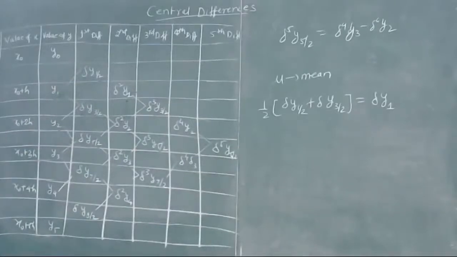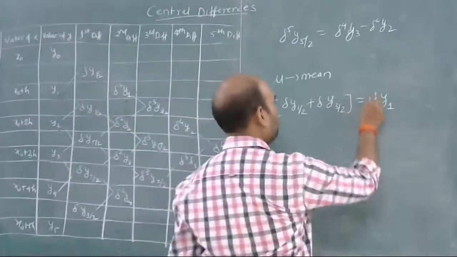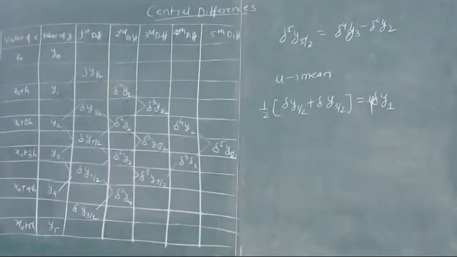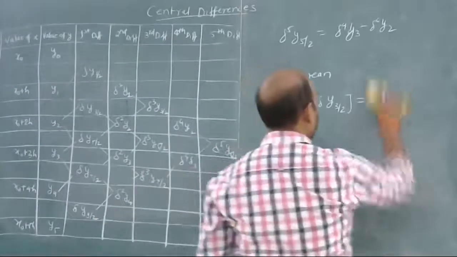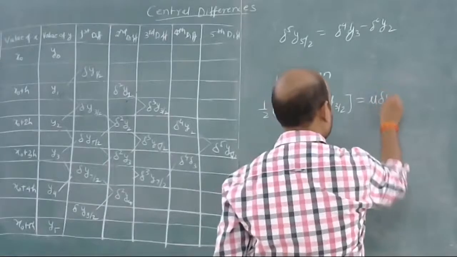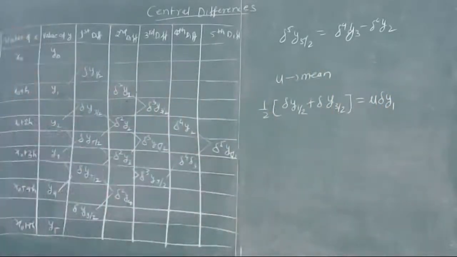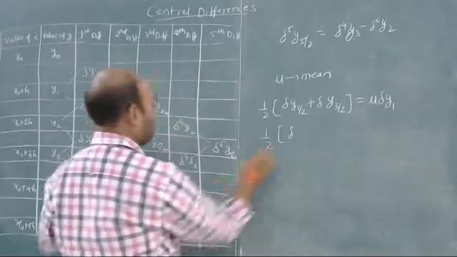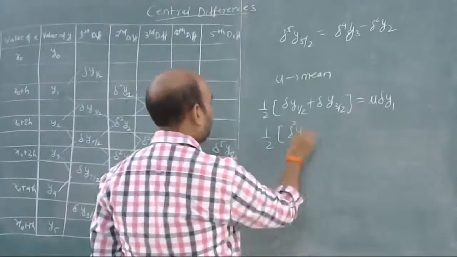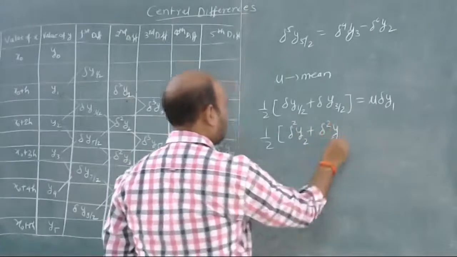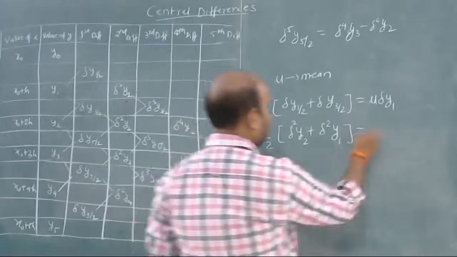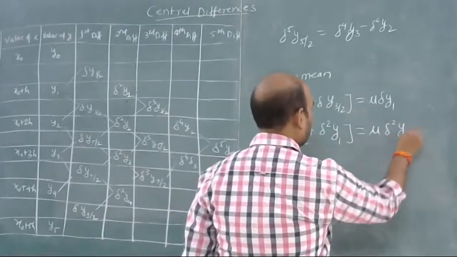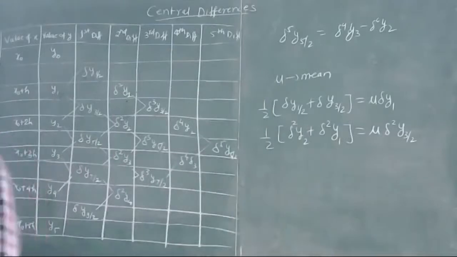Now the mean of these two, half of del square y2 plus del square y1, gives mu del square y3/2.